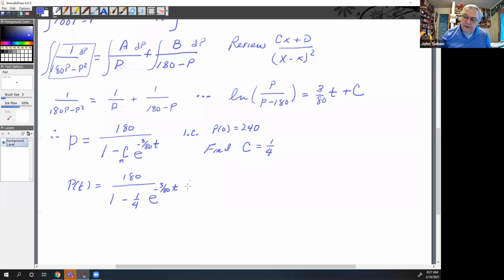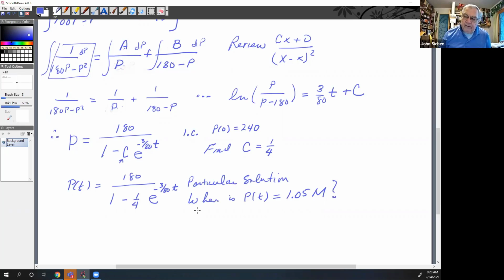And then the question is, this is a particular solution. And the question is, when is P of t equal to 1.05 m?